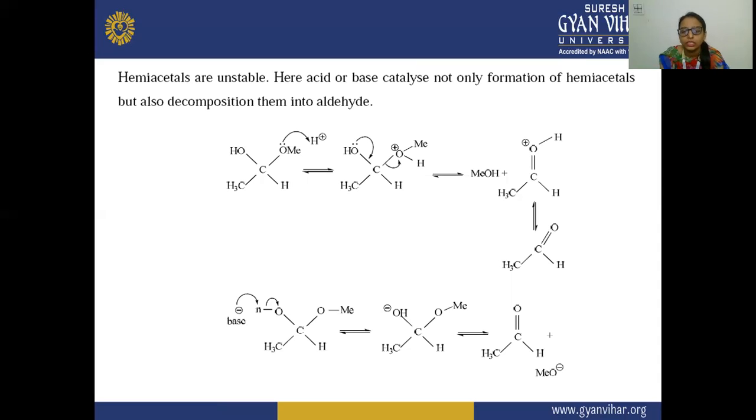So here, with this hemiacetal and the acid catalyst, this is your H positive. After that, there is a formation of this carbonyl compound. This aldehyde is forming here, so it is decomposing into the aldehyde. So a reversible reaction is happening here. This acid then reacts with this oxygen, which has the lone pair.